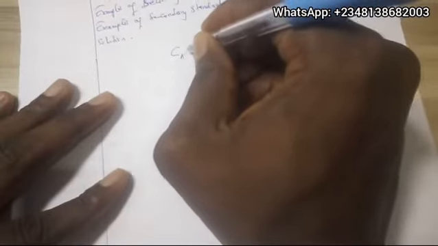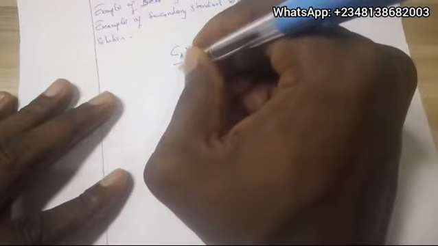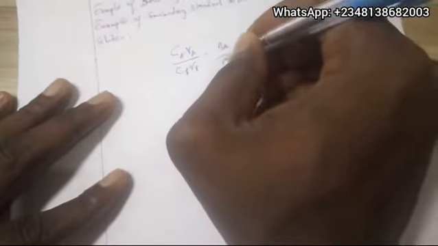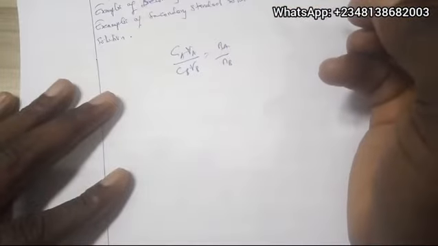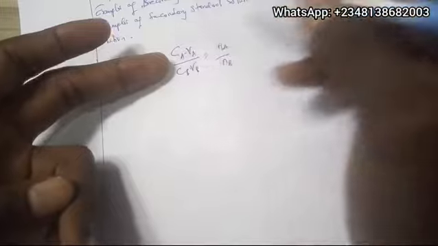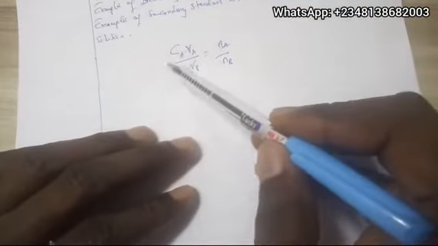CA VA over CB VB is equal to nA over nB. C is the concentration, V is the volume. Let's assume that A represents the standard solution, the primary standard.